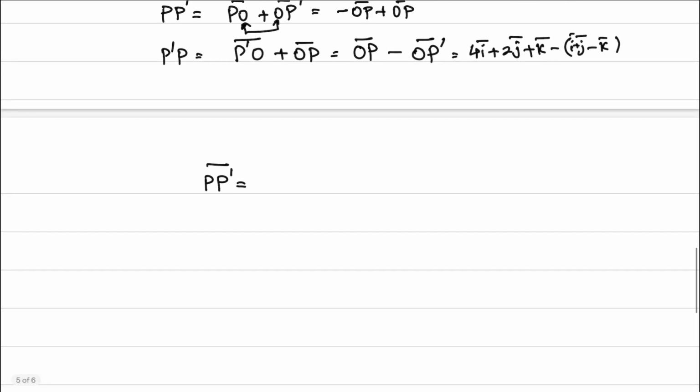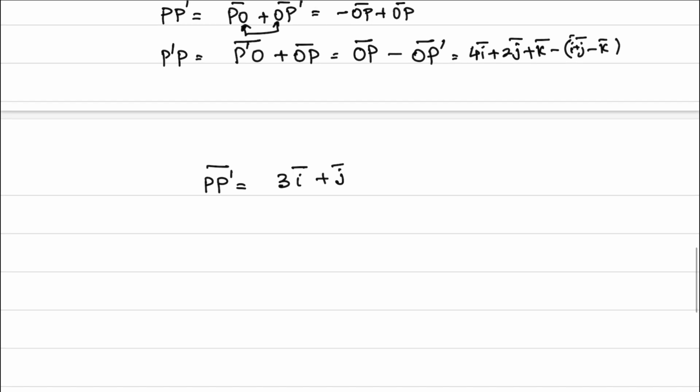PP dash is equal to 4i minus i is 3i, plus 2j minus j is plus j, plus k minus minus k is 2k. I think this is PP dash.